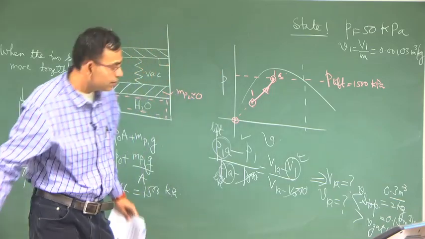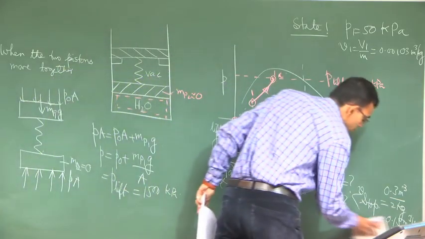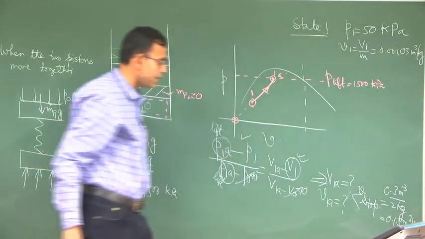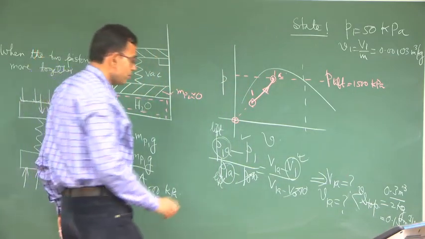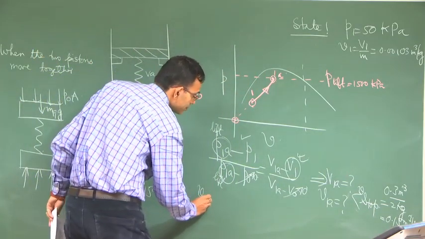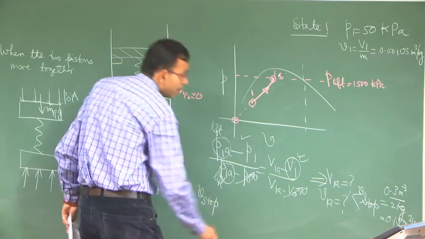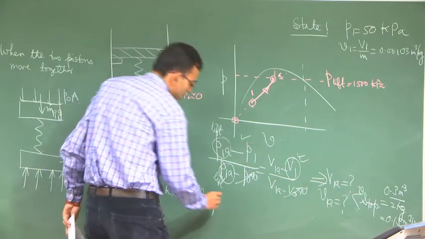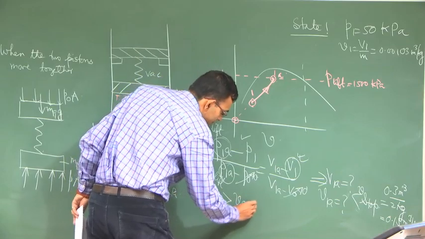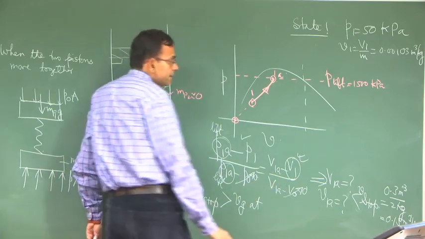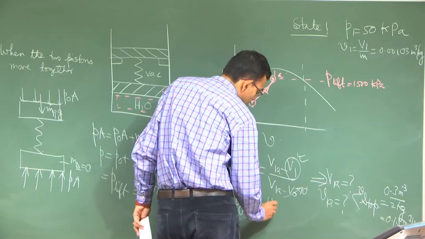It is not visible, huh? Okay. So, I will write it at a separate place. So, V stop, whatever is calculated, it is greater than Vg at 1500 kilopascal.